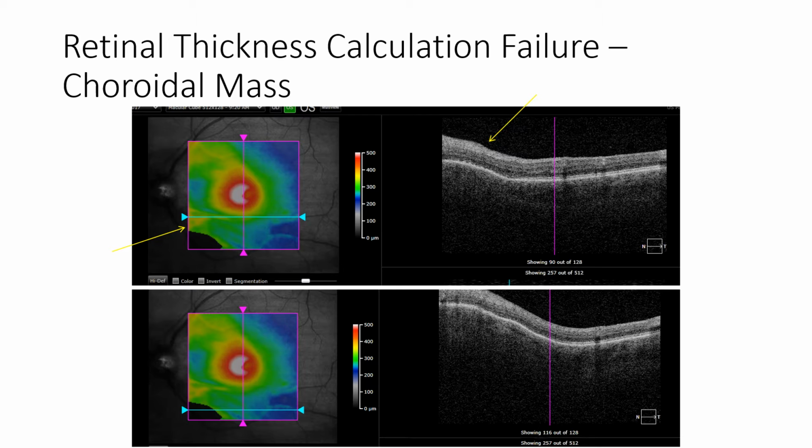It turns out that there's a choroidal mass which has elevated the retina, and the surface of the retina, or the ILM, was not visible here. Therefore, the machine could not segment the ILM and could not calculate the ILM to RPE thickness. This patient had an idiopathic inflammatory choroidal mass which resolved with steroids.